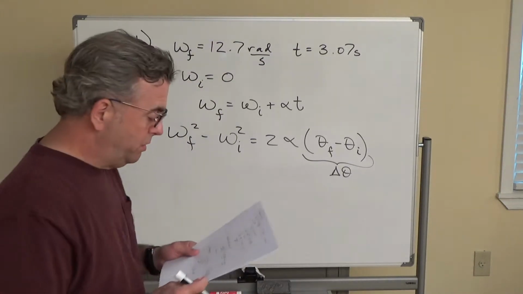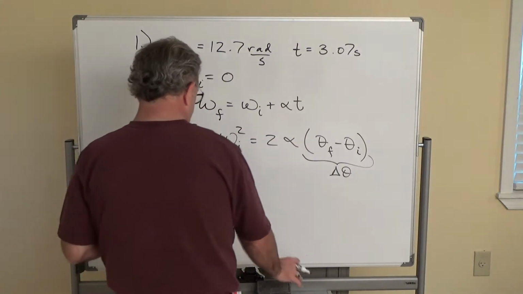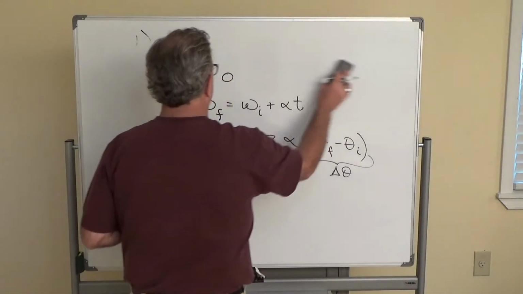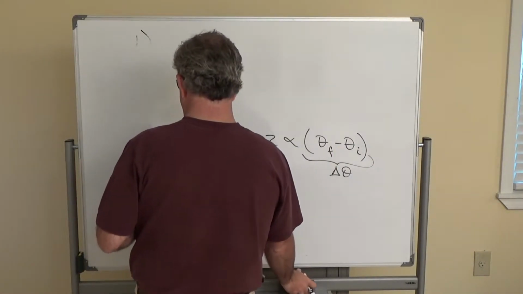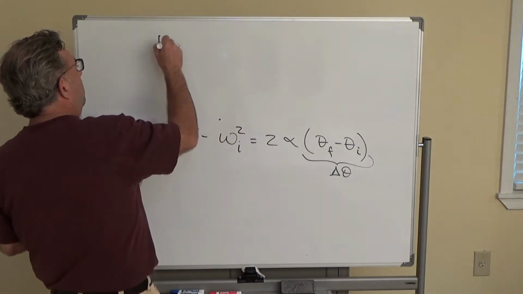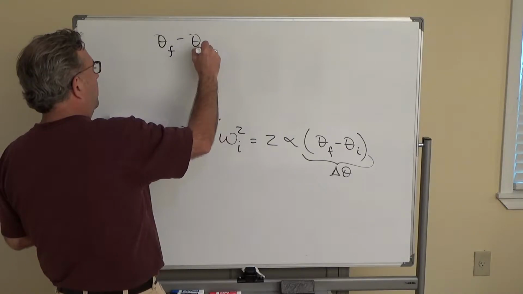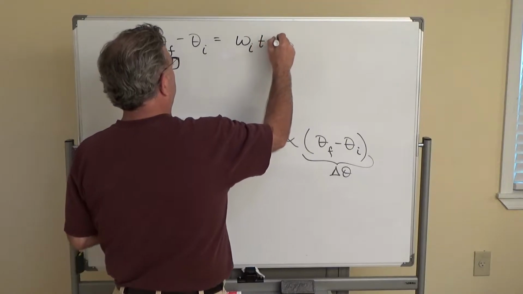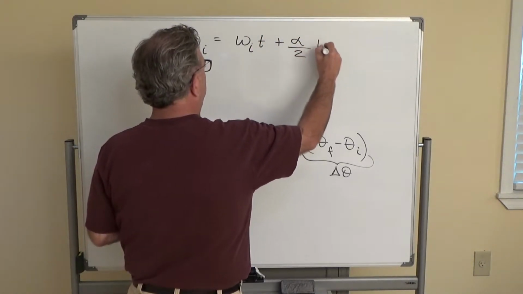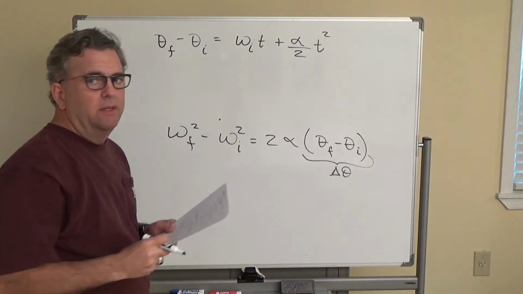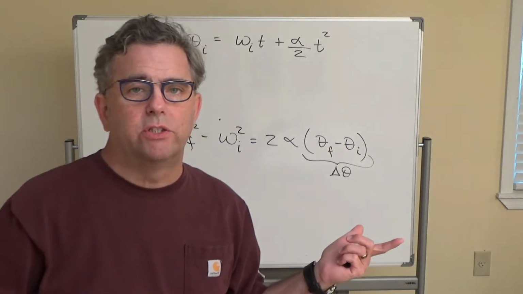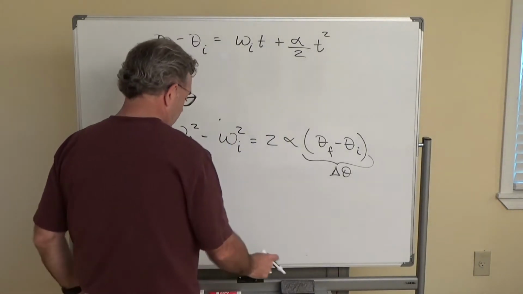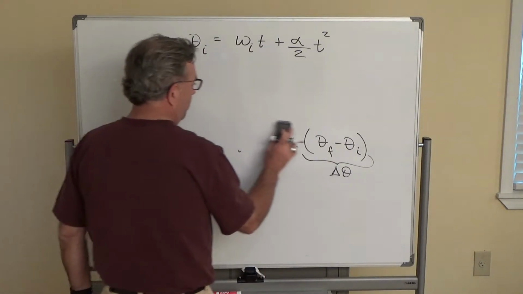You can also use, since you know t and you know omega initial, theta final minus theta initial is equal to omega initial t plus alpha over 2 t squared. That's our 1D motion equation, just like we had before with 1D motion. I don't think you'll have any trouble with that.